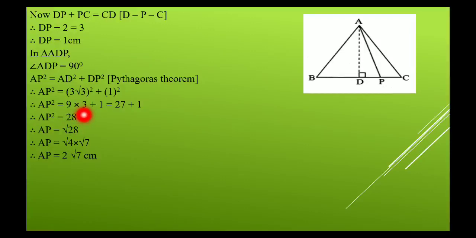So 9 multiplied by 3 plus 1 square is 1. So 9 multiplied by 3 is 27 plus 1. 27 plus 1 is 28. Taking square root on both the sides, we will get AP is equal to root of 28. Small calculation, so we will get the answer. AP is equal to 2 root 7 centimeter.